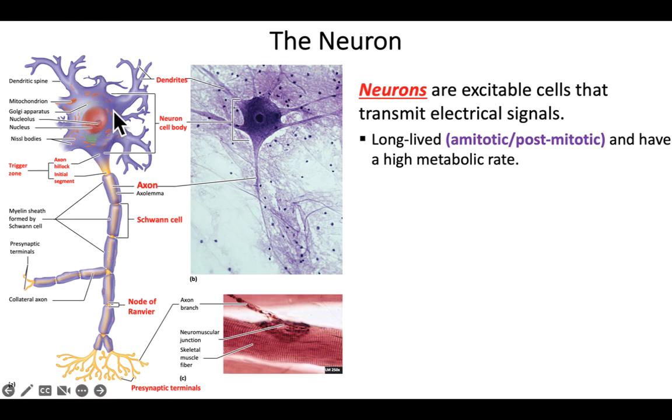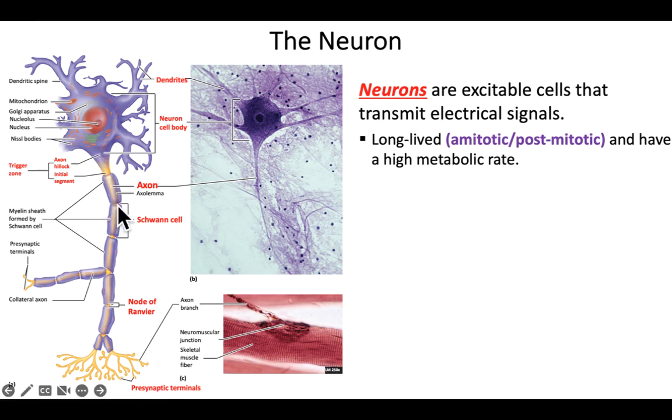Neurons will have what we call a trigger zone at the beginning of the axon. And that's where the action potential will begin. So this neuron will sense its environment, sense the stimulus, and then it may or may not produce an action potential that travels down the axon, eventually leading to the release of neurotransmitter.